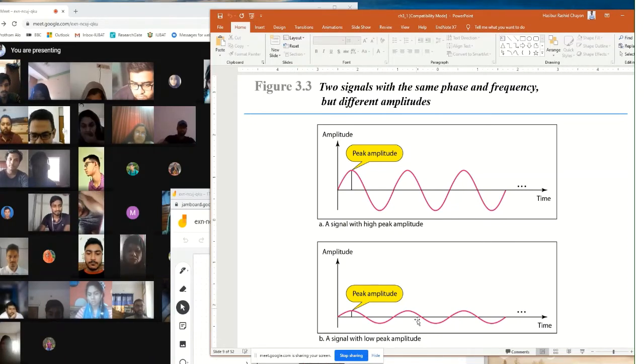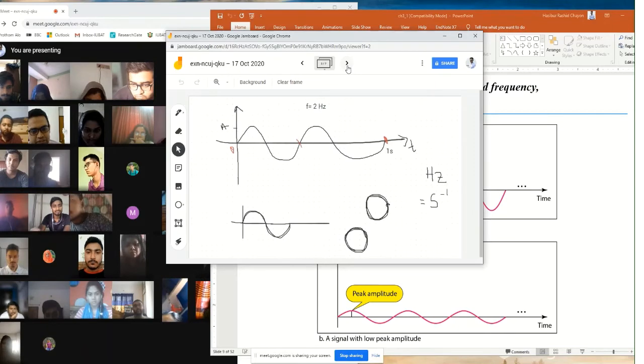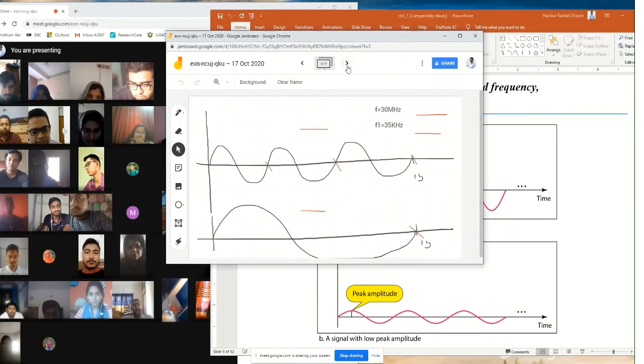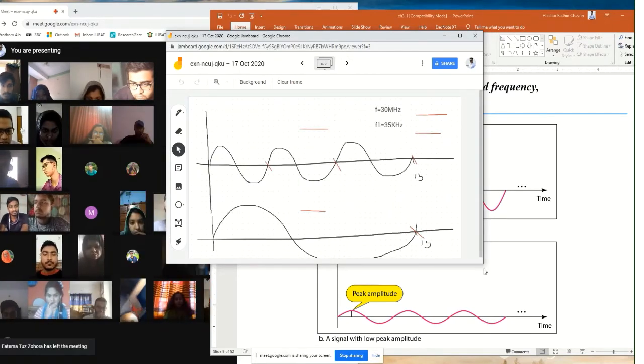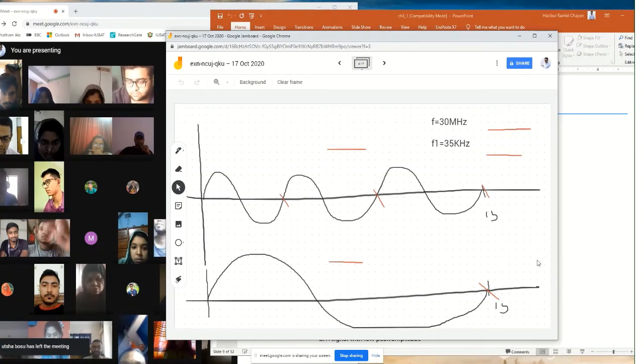Okay, that's why I said that this is a little bit critical. Let me help you. Let me give you a very simple one. Let's consider these two cycles. These two signals, easier for you, less confusion. Now think about these two. Which wavelength is bigger?